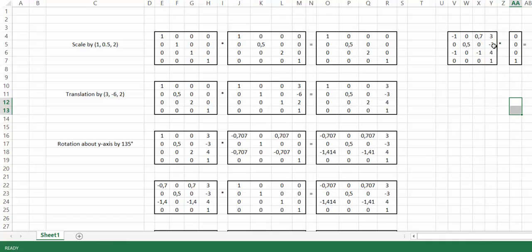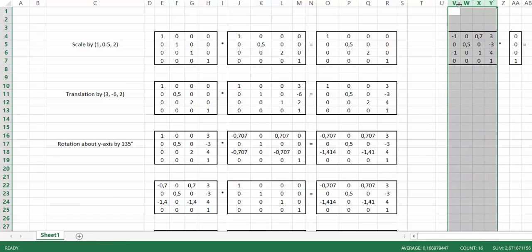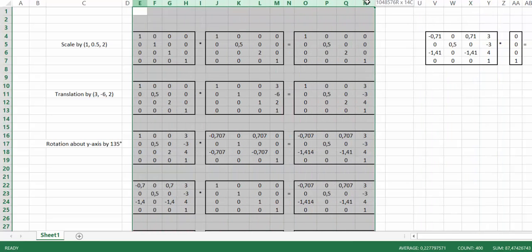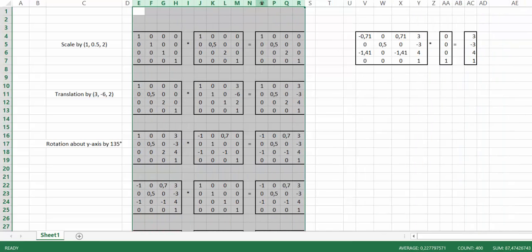Okay, so now I've simply taken these numbers here. Let's make all of this a little bit wider so we can see it better, and make everything else a little bit tighter.